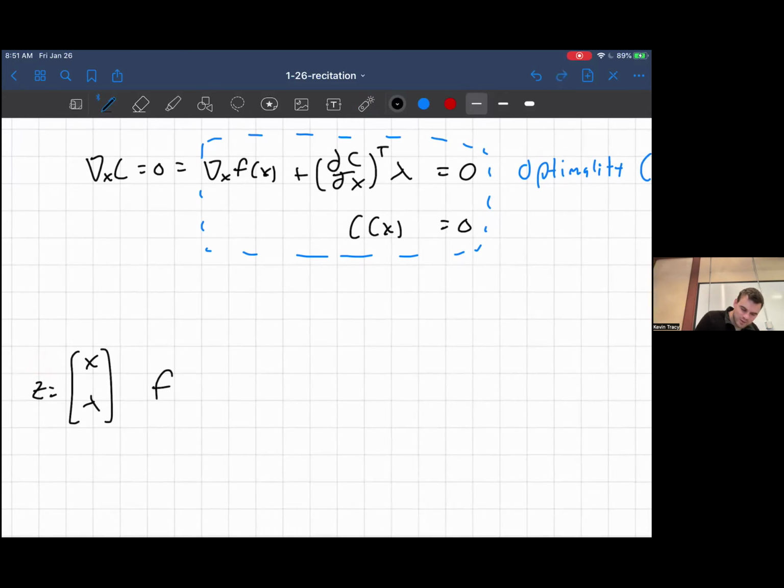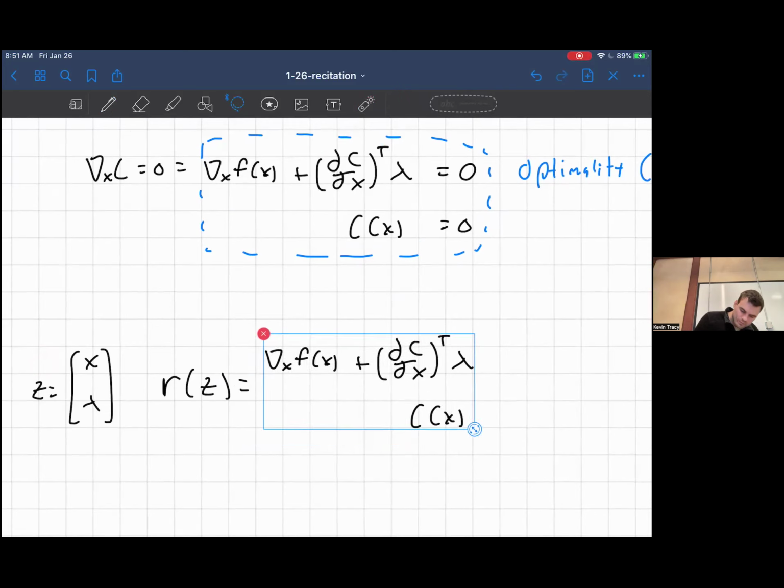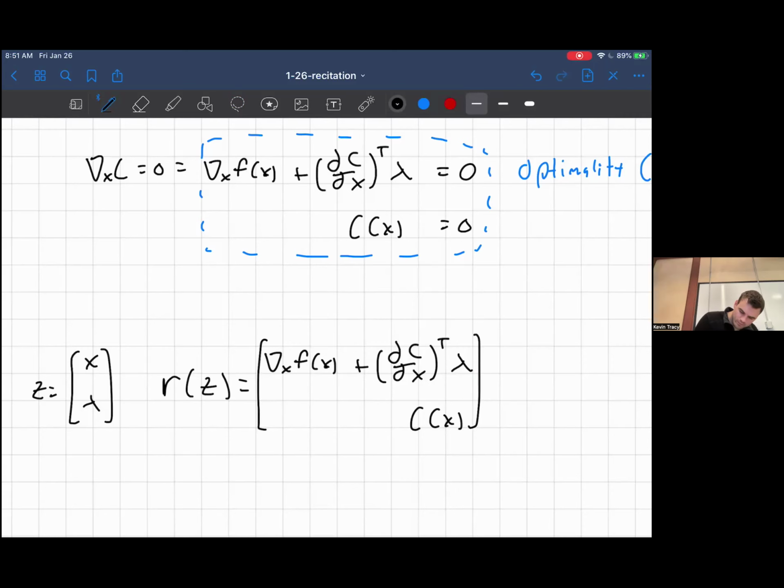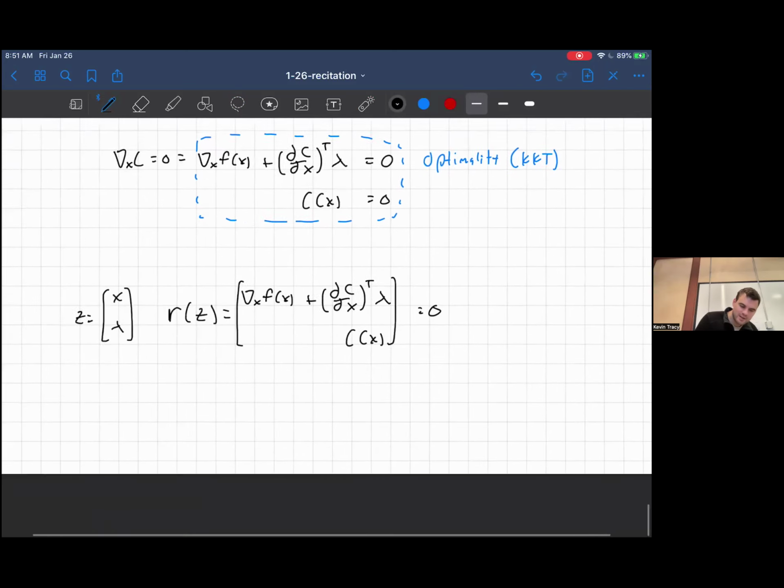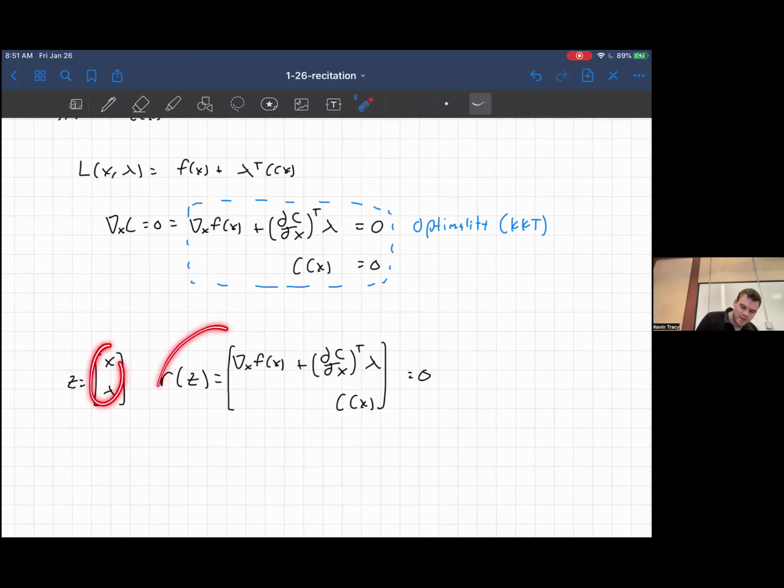I have some function, I won't use f, I'll use r of z equals the optimality conditions. So you see now that if I'm solving over this variable z, finding a solution that satisfies the optimality conditions, so finding the solution of the problem, really just involves me solving a root finding problem for this specific function right here.